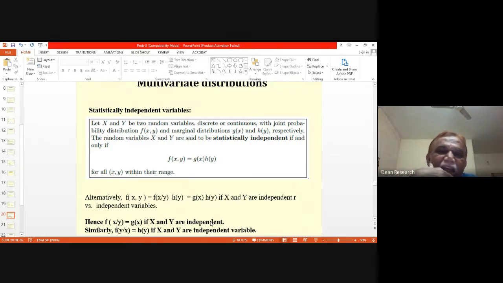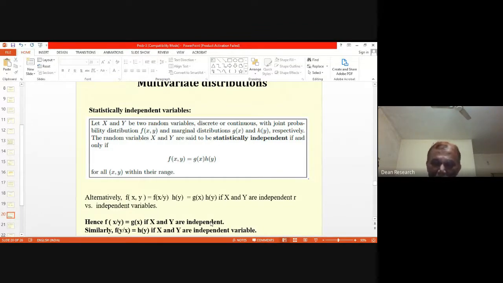Statistically independent variables is not a tough thing actually. Just see the definition here. Let x and y be two random variables, discrete or continuous, with the joint probability distribution given, either PMF or PDF, and the marginal probabilities g of x and h of y also given. The random variables x and y are said to be statistically independent if and only if f of x, y is equal to g of x into h of y.